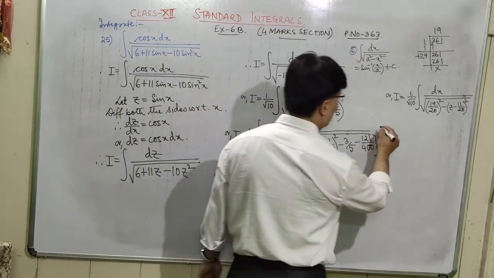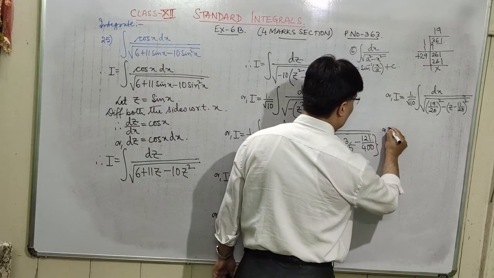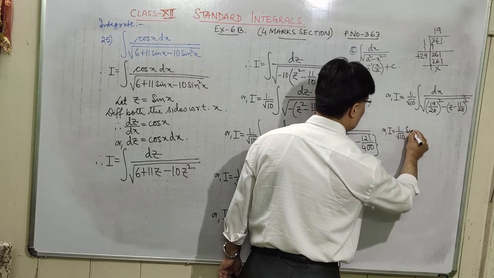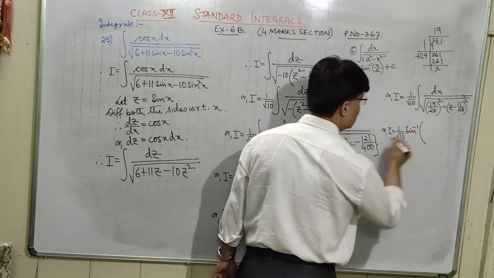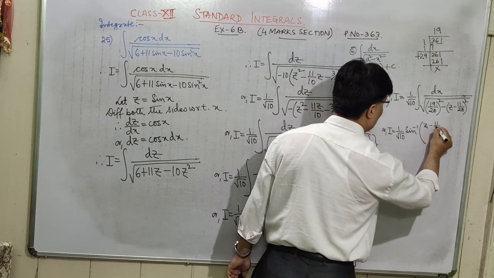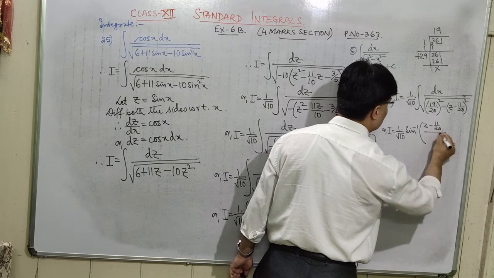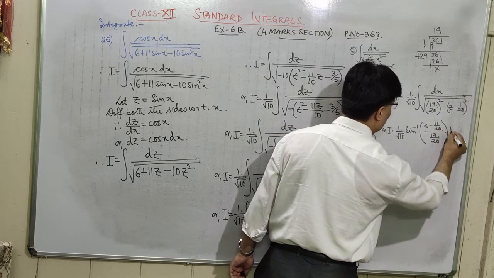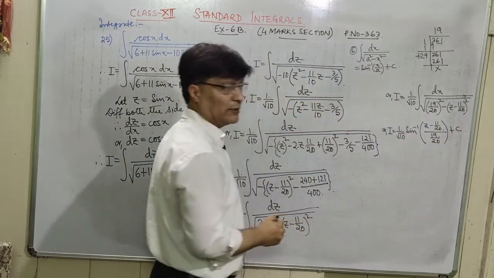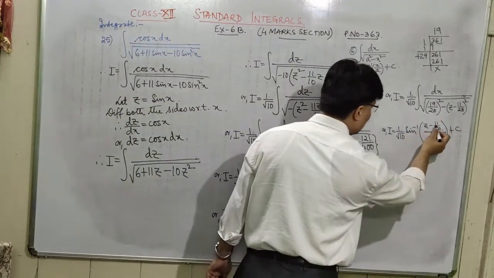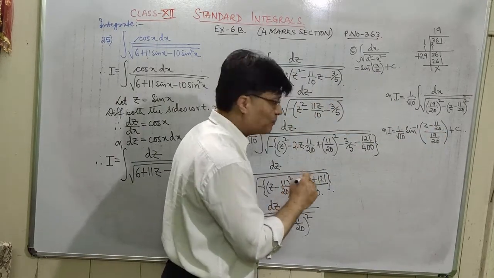So now what is the formula? I is equal to 1 upon root 10. So it is sine inverse x by a. What is x by a? Z minus 11 by 20 is x divided by what is a? It is 19 by 20. Bracket closed plus c. So I think you have understood it. So what's the LCM in the numerator? 20.